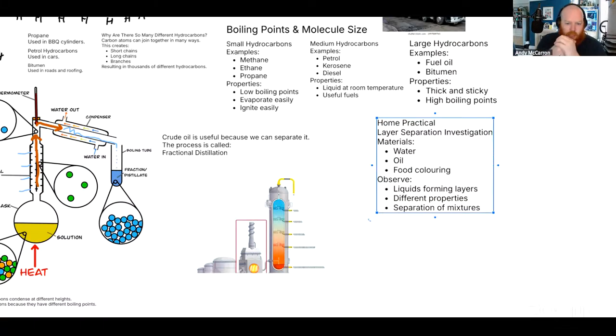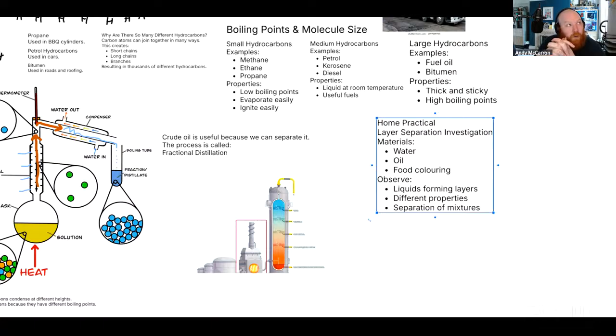Oil and water generally form layers on top of each other, and by forming these layers, you're able to create this layered effect. And the amazing thing is seeing how many layers you can build.